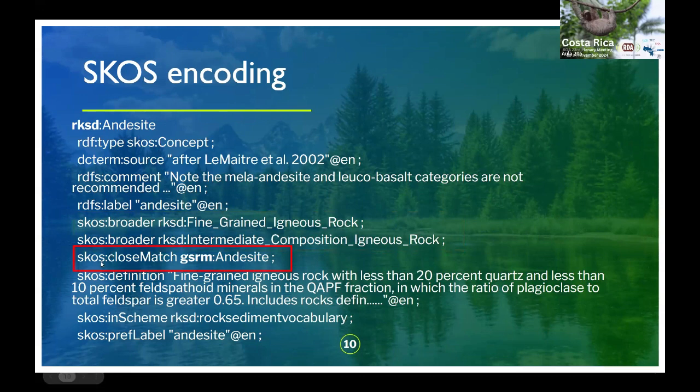The other thing we do in the vocabularies where we can is map to other vocabularies. Here we use a SKOS closeMatch, which is one of the matching predicates in SKOS, to relate the andesite concept in this vocabulary to the andesite concept in another vocabulary. This is a GSO, an ontology that was developed for the Loc-I 3D project in Australia, but there are various other mappings that could also be included.